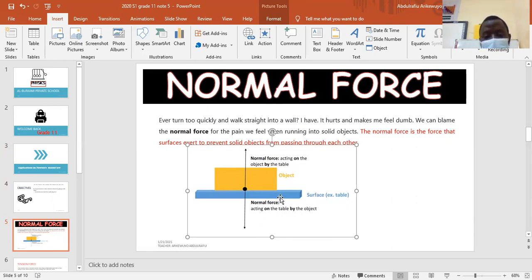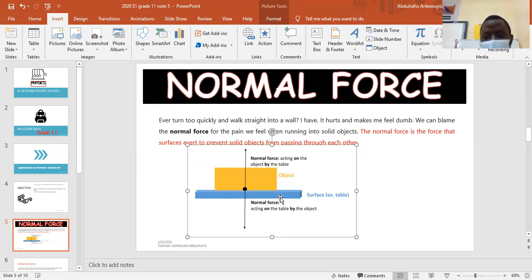Now, there are two forces acting on this arrangement. There is an object on a table, and two forces are acting on it.